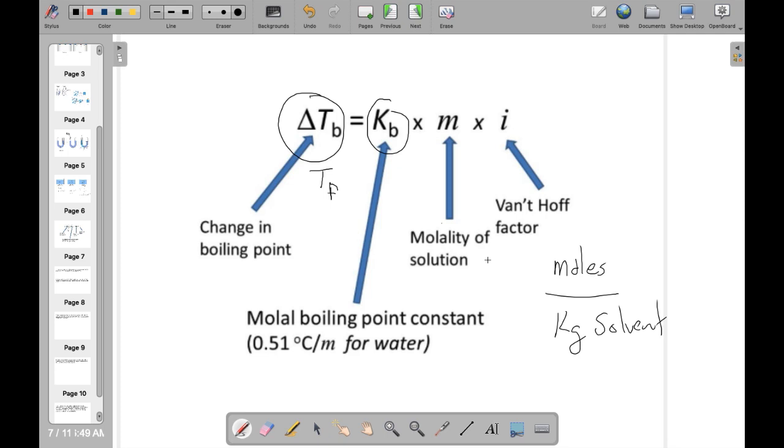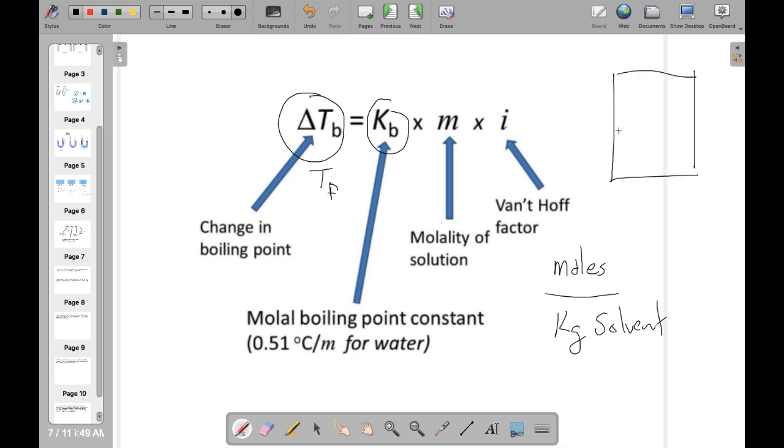Why are we using molality rather than molarity? Because we're concerned with how many moles of solute we're adding to the solvent, because the number of particles affects the colligative property. So molality is a much better tool to use in this instance. So this will be the molality of the overall solution that we have.